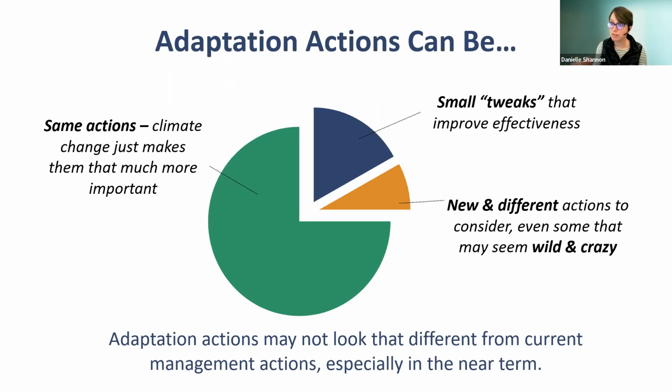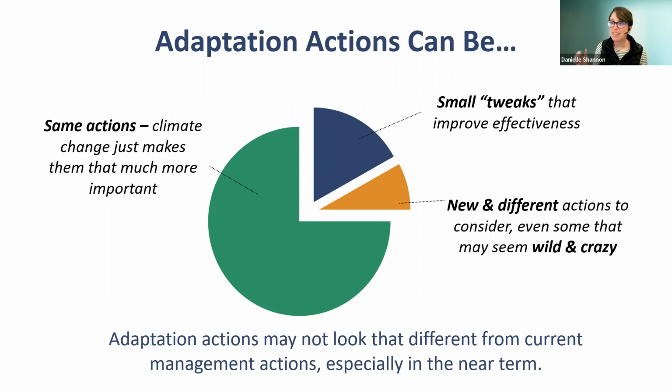Some of the same tools. It's more just we're asking you to think about, how does climate change make those tools even more important than ever before? And where do we have some flexibility to use those tools, maybe spatially, in different places, or temporally, at different times of the year than we would traditionally.